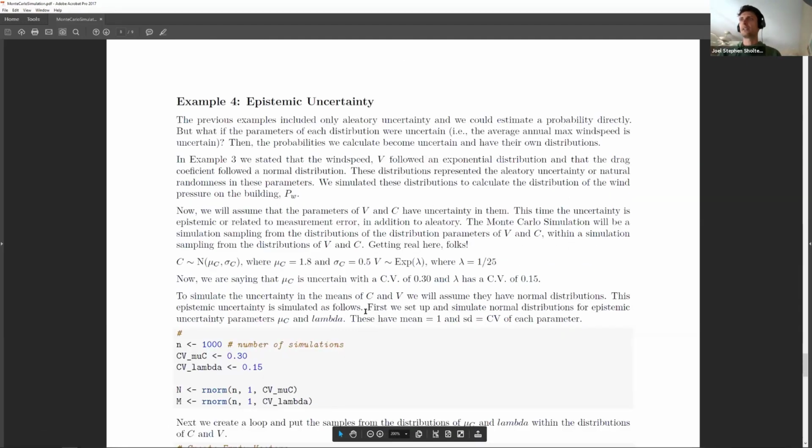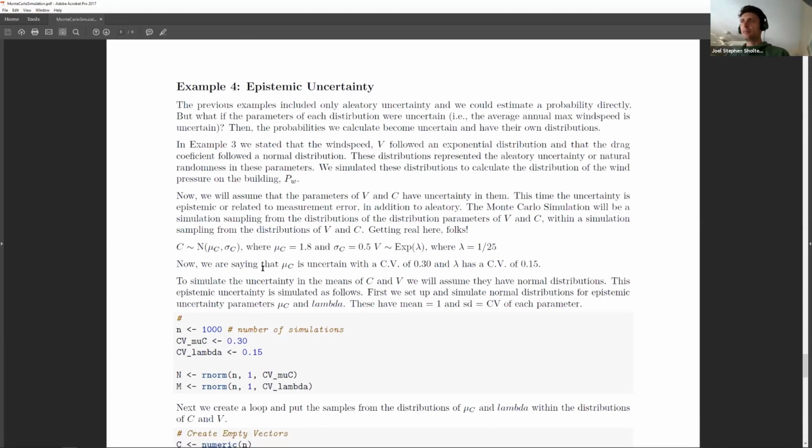Okay, so for our final example, we're looking at epistemic uncertainty. And this is basically what I said up front in the lecture. Previously, V and C were uncertain, right? We said V follows an exponential distribution, and C follows a normal distribution with a mean and standard deviation.